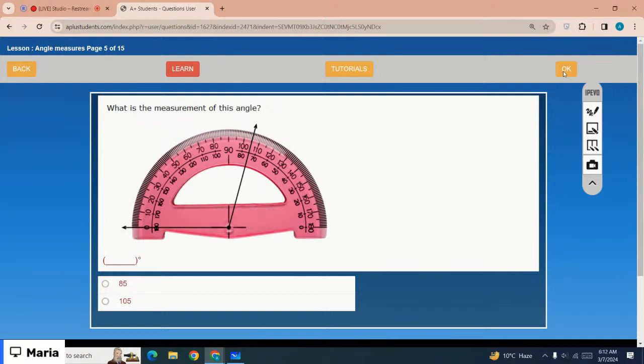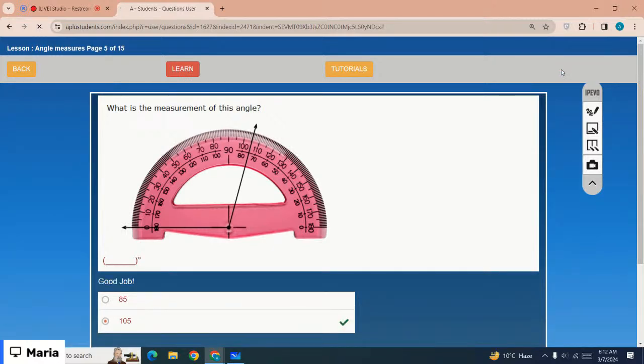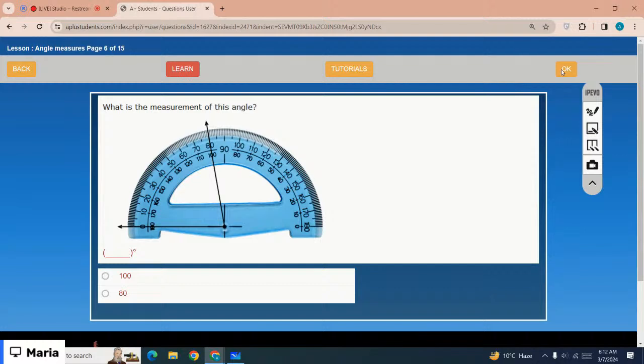What is the measurement of this angle? So which is the correct option? Yes, the correct option is 105 degrees, right? Option number 2 is the correct option. What is the measurement of this angle? So which is the correct option?